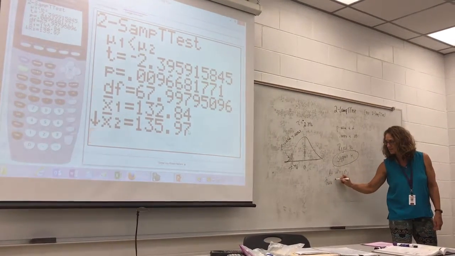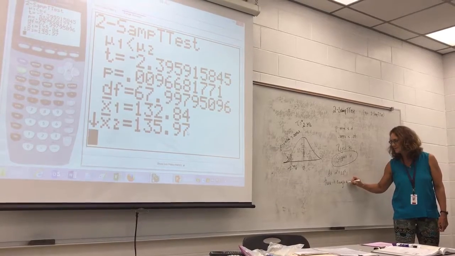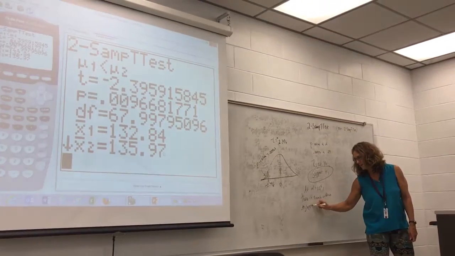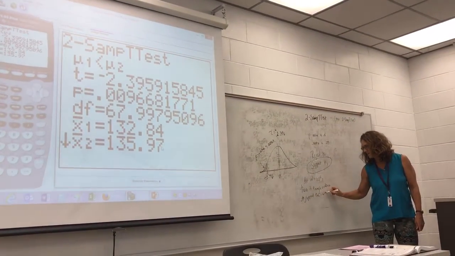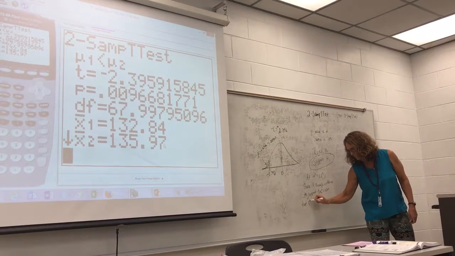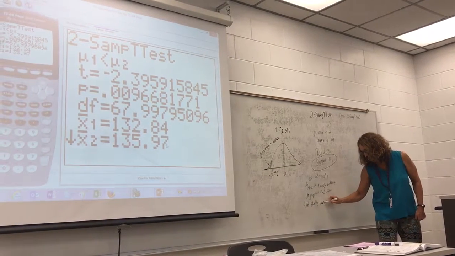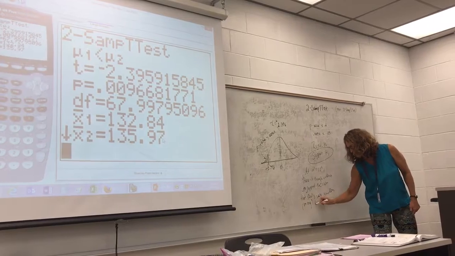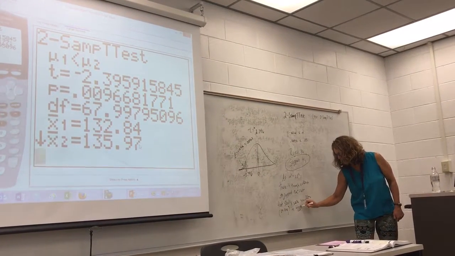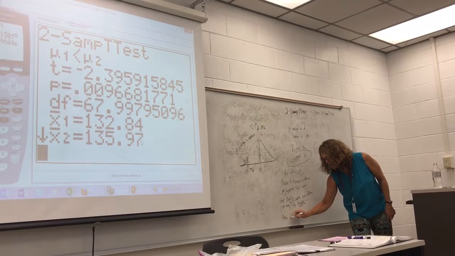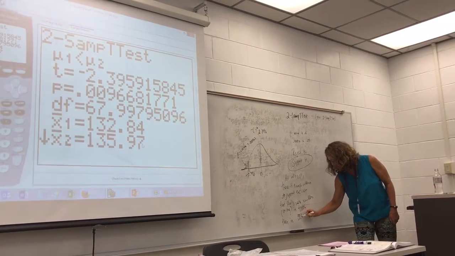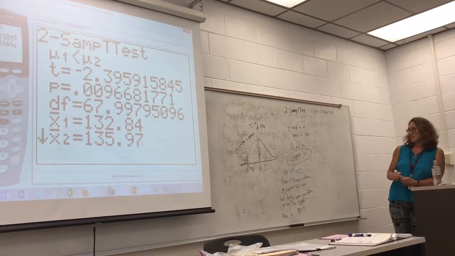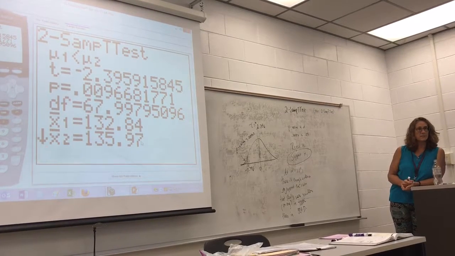There is enough evidence to support the claim that skulls were smaller on the average, of course, in 4000 BC than in 150 AD. I'm paraphrasing the claim. You can do that, or you can just repeat it verbatim.